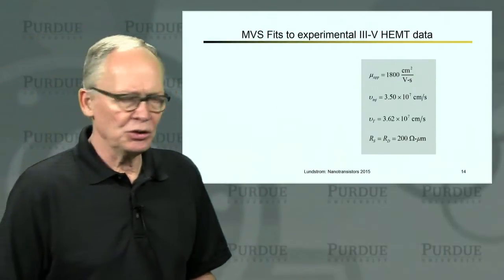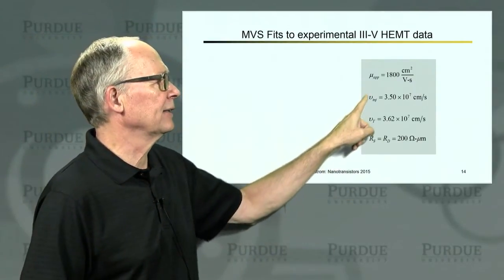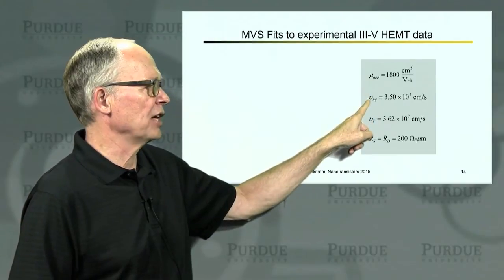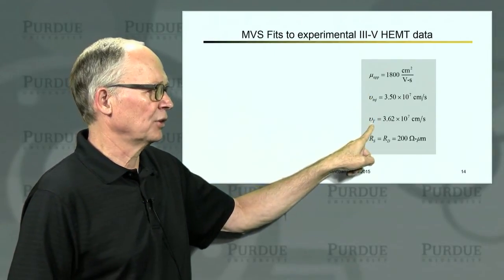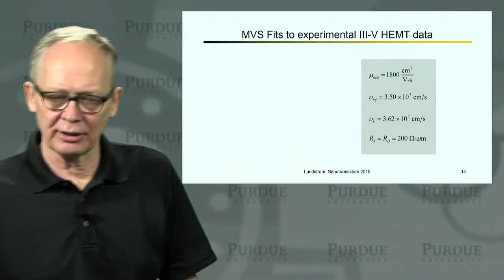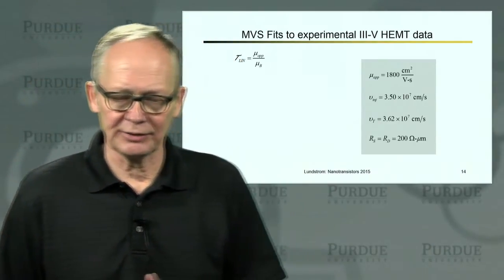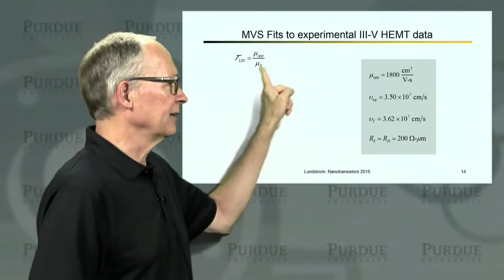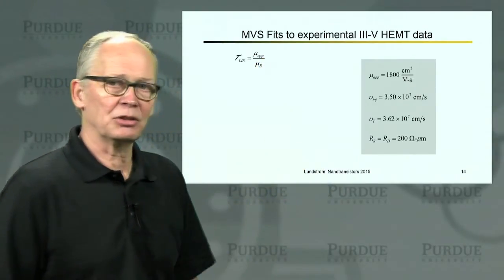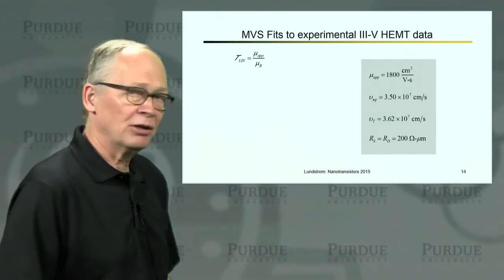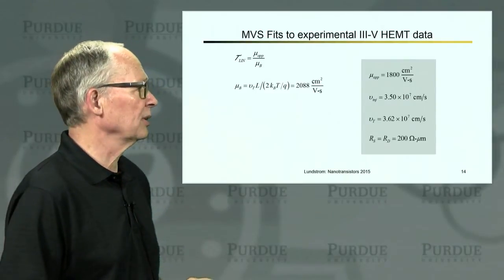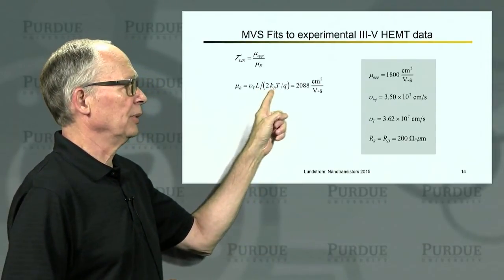Okay, so let's use our extracted apparent mobility and injection velocity, and the thermal velocity that we computed earlier, and see if we can do the same analysis that we did for the silicon MOSFET. To extract the linear transmission, that's just the ratio of the apparent mobility to the ballistic mobility. The ballistic mobility we can compute.